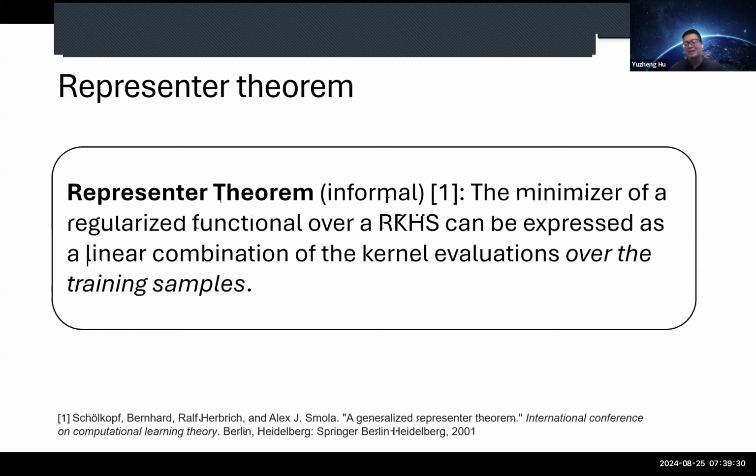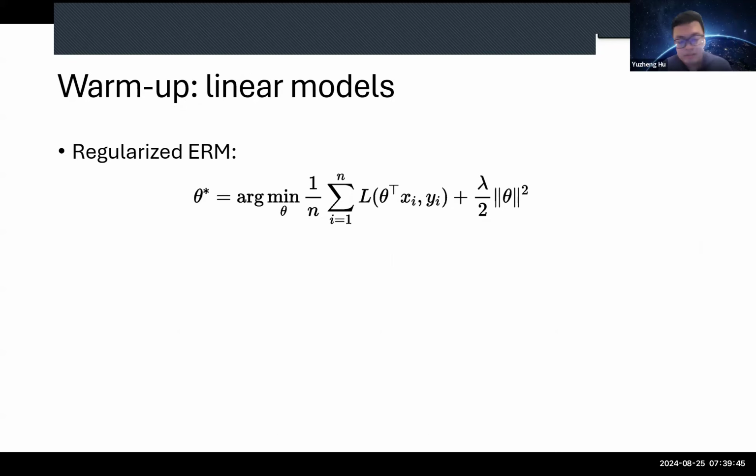Essentially, it is using this representer theorem to break the final model into a combination of different components which are specific to each sample. We can use a very simple linear model to gain some intuition of how this representative point selection works.